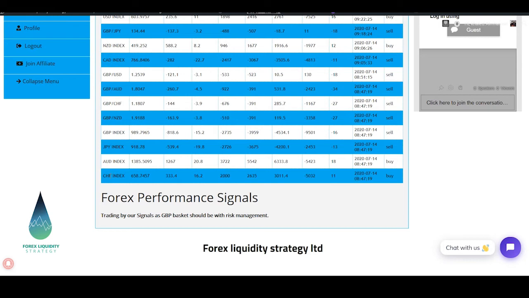We see here the first alert came in at 8:47 GMT plus 2. What was the alert? It was franc. So they're telling us franc as an index, the action is buy. Here you can see these numbers and columns represent why, based on what. You don't want to just jump in buying and selling. You want to know what is the reason behind having the alert, based on the liquidity, as we have explained in many videos.